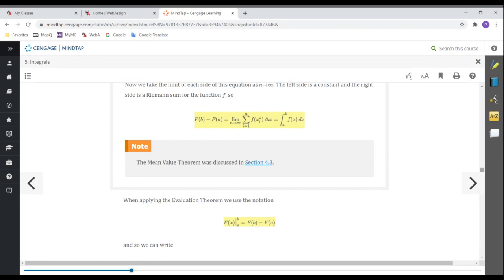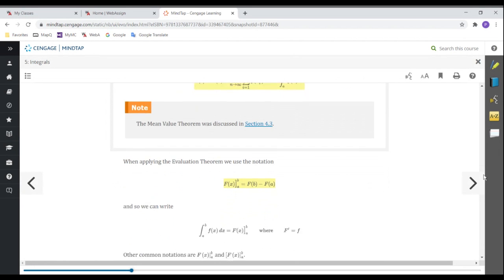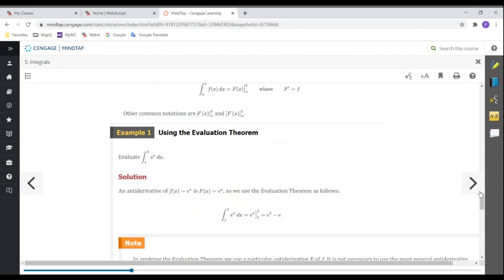The book talks about some examples. One example they talk about is evaluating the definite integral of e to the x from 1 to 3. In example 3 back in section 5.2, they wrote out a Riemann sum for this problem, but it wasn't clear how they evaluated the limit of the Riemann sums.